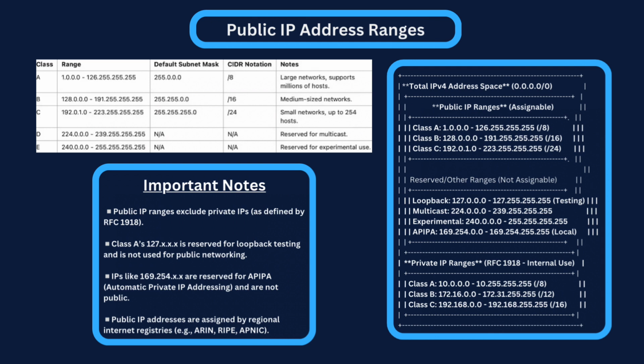Public IP addresses are assigned by regional internet registries, e.g., ARIN, RIPE, APNIC. Here's a representation of a diagram showing both private and public IP ranges. We won't cover this fully because we will derail from subnetting. This layered view organizes both public and private IP ranges for a clear understanding of how IPv4 is structured.